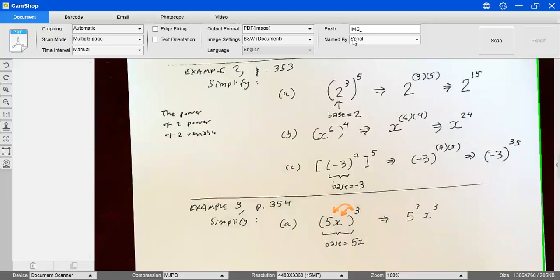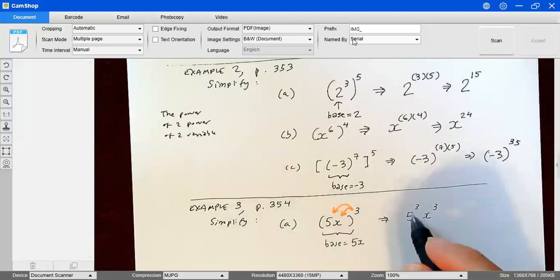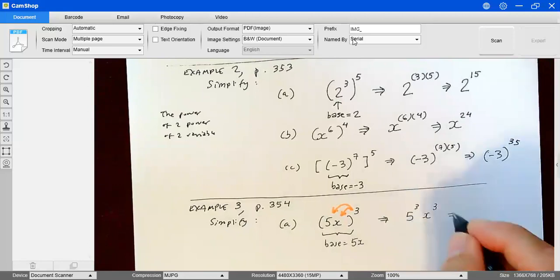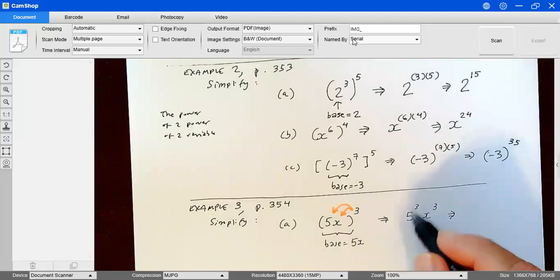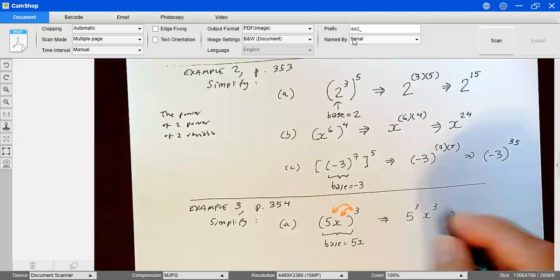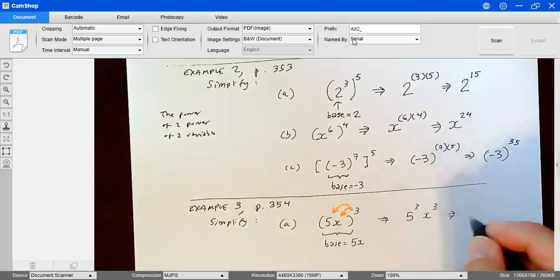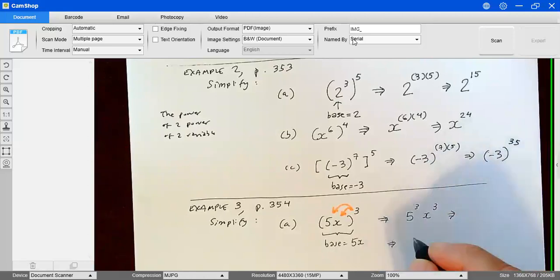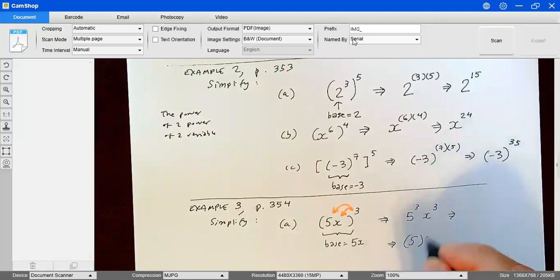And in this case, when you have powers of numbers, you can simplify by rewriting the exponential notation into a multiplication form. 5 to the 3rd power is equivalent to 5 times 5 times 5.